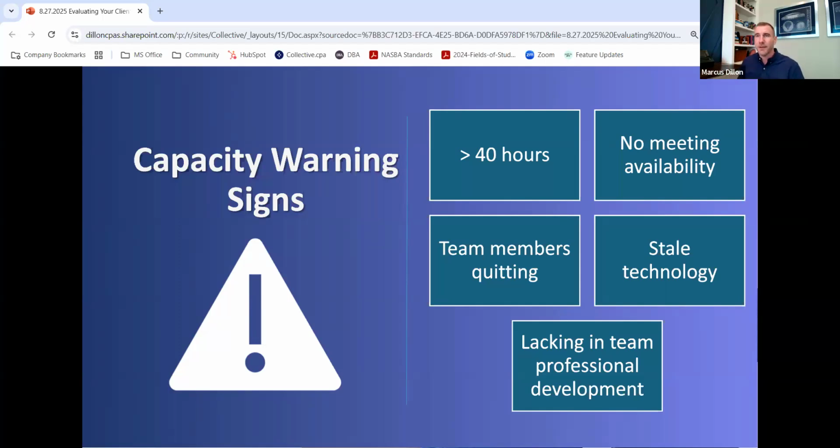Some of the things that we look at as guardrails or outside of the boundary, so to speak, that are warning signs are those 40-hour work weeks, which we and our team have mostly committed to, just given our profession. That's what we feel comfortable with.